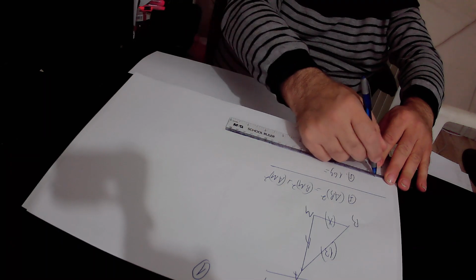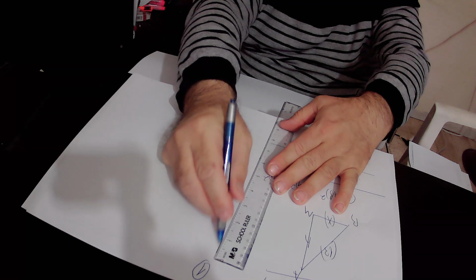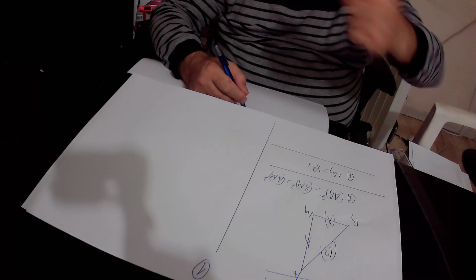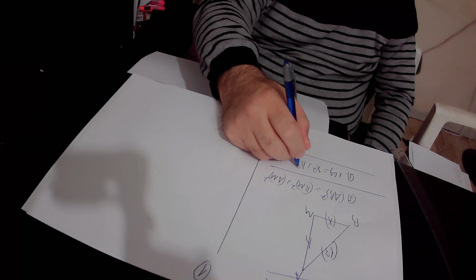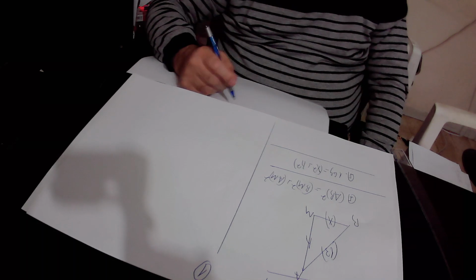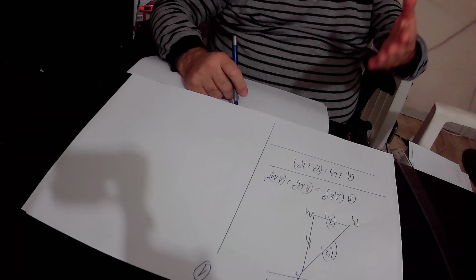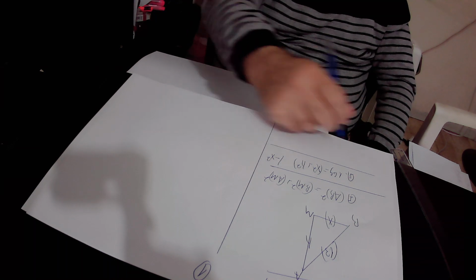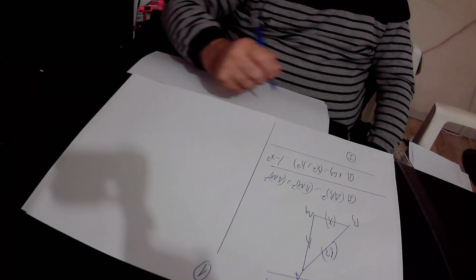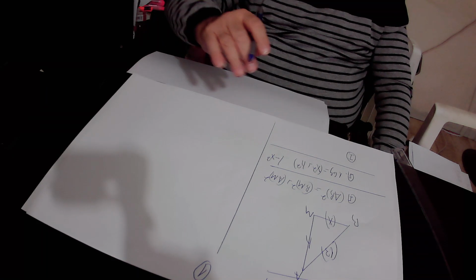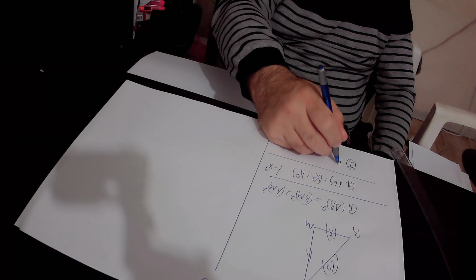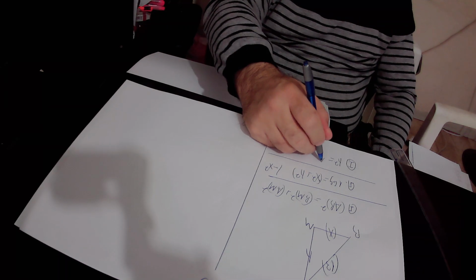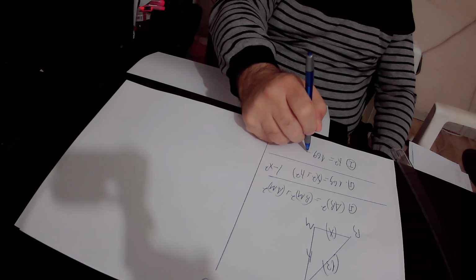BM is x, therefore BM squared is x squared, plus AM squared. AM is h, therefore AM squared is h squared. So actually we found out that according to equation number 1, 169 equals x squared plus h squared. Here we subtract x squared from this equation number 1, and we get according to equation number 1, h squared equals 169 minus x squared.